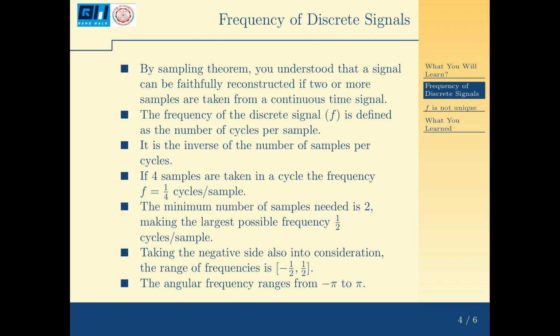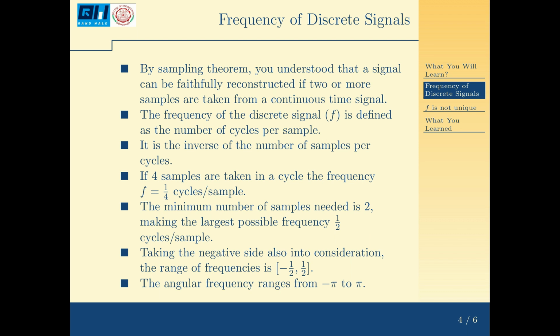Here the frequency is defined as the number of cycles per sample, or it is actually the inverse of the number of samples taken out of a cycle. Frequency, small f. Throughout the lecture series, I will represent the frequency of a discrete signal with small f and its angular frequency by small omega.